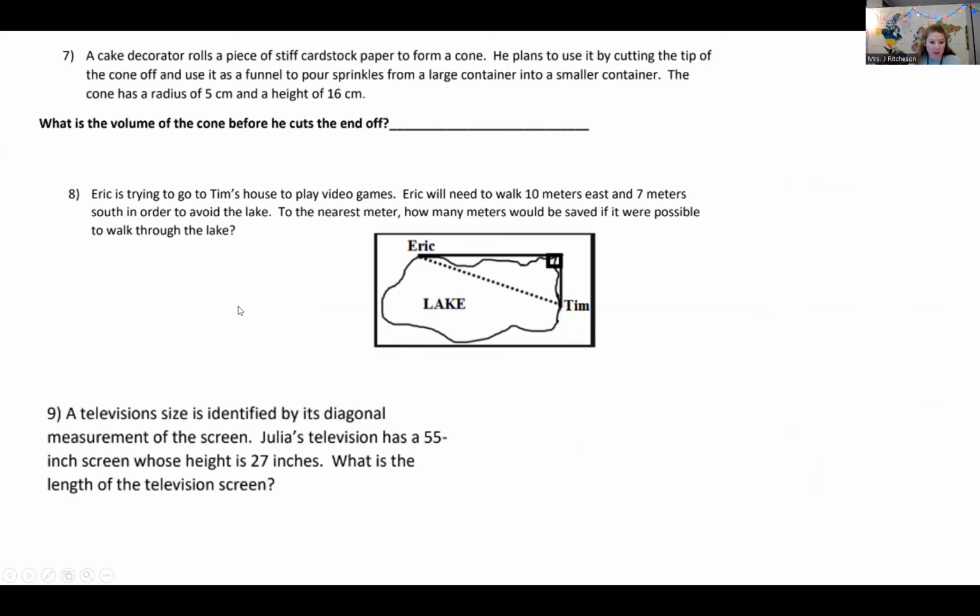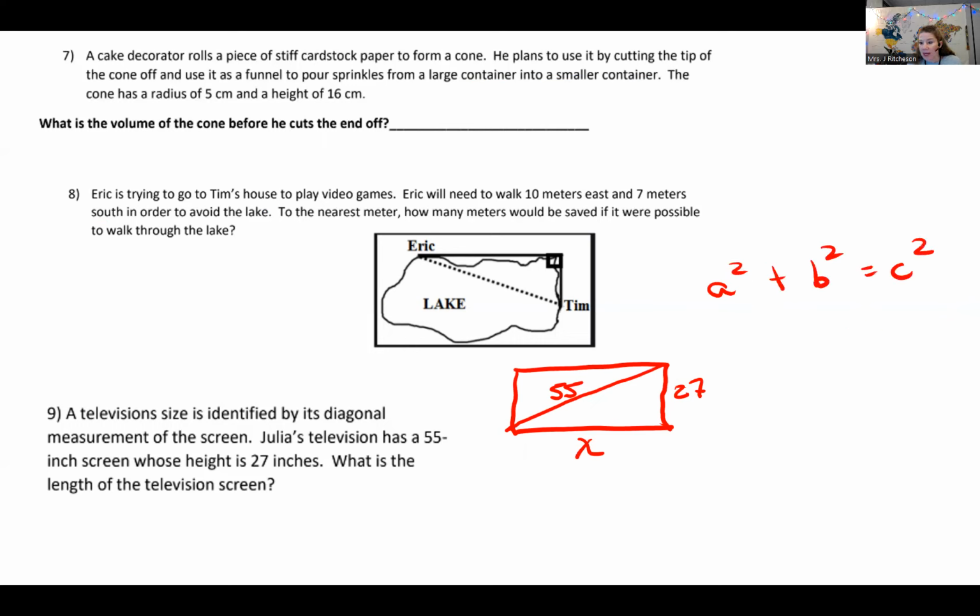All right, so if it's already been identified as a 55 inch, that means the diagonal is 55 inches. Y'all were about to email me and tell me I was wrong, weren't you? So we want to know the length. We are going to use our Pythagorean theorem.